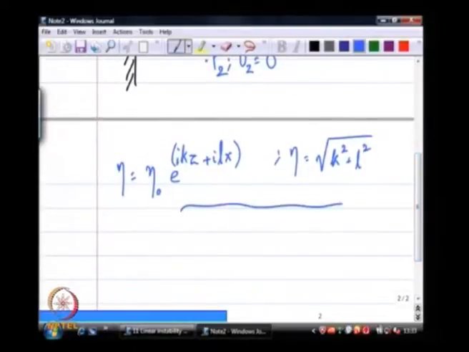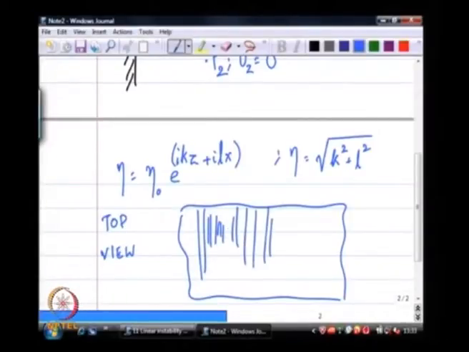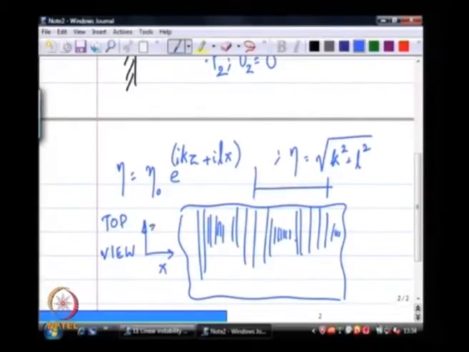So, if I just take a piece of this liquid sheet, look at the top view, I might create waves in that direction, and let us say this is the x direction, and if I make this my z direction, this wave number is given by 2 pi over L. I am going to change pens here.